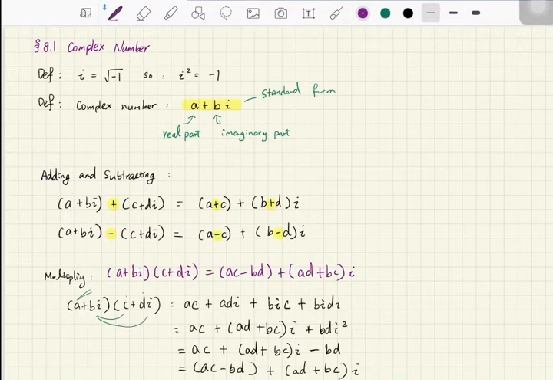Similarly, we also have a special formula. If I have a plus bi times a minus bi, it is going to equal a squared plus b squared.